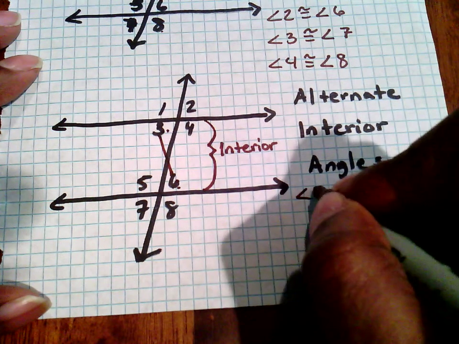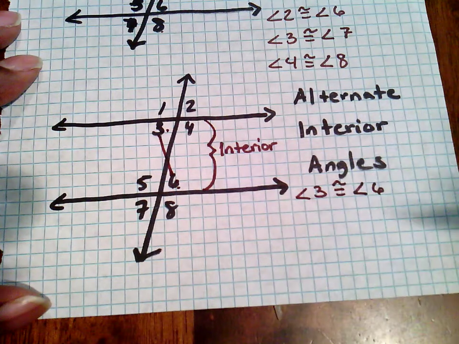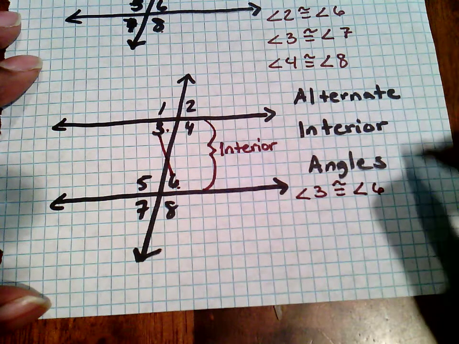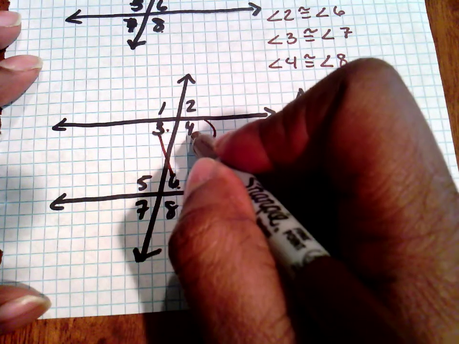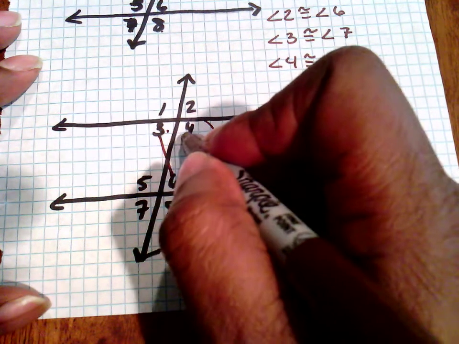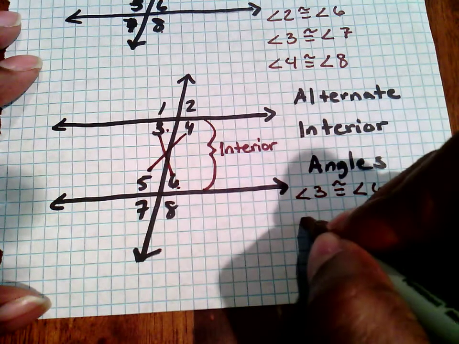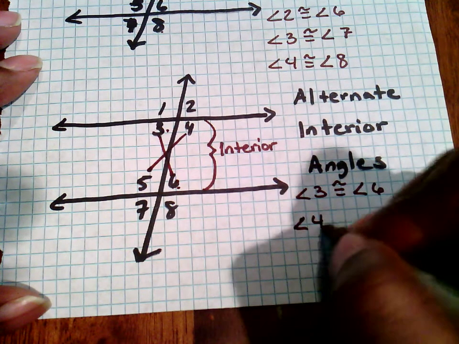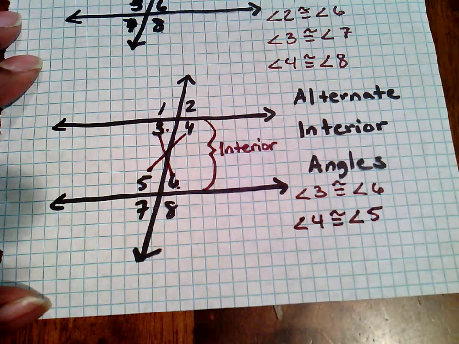So angle 3 will be congruent with angle 6, which also means alternate interior angles are congruent too. And then also in the same manner, angle 4 and angle 5 are also alternate interior. Angle 4 will be congruent to angle 5, and these two will have equal measure.